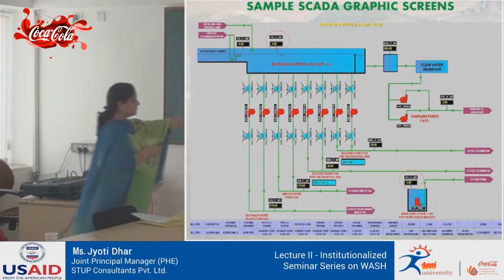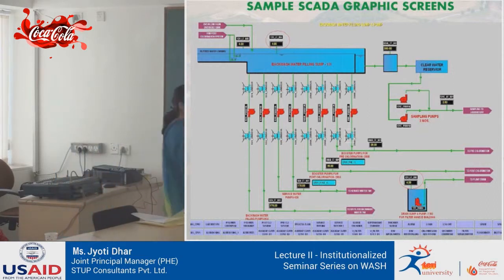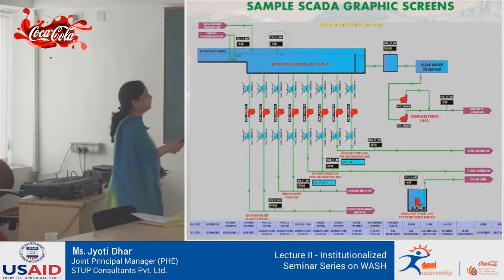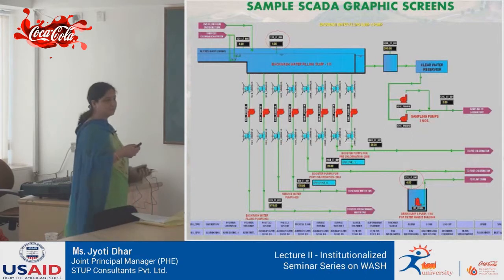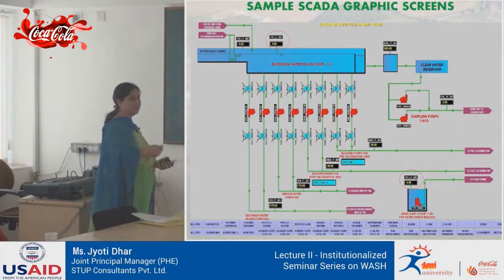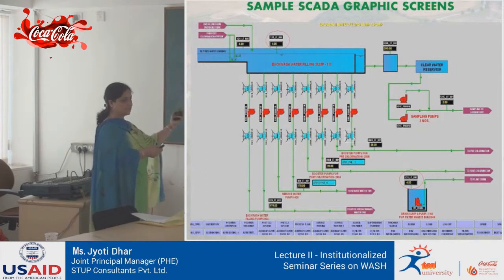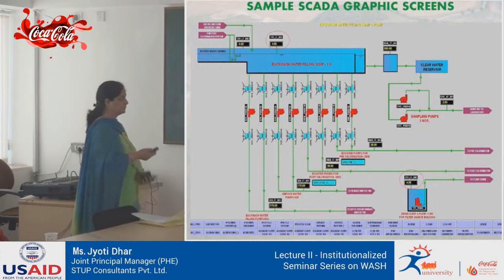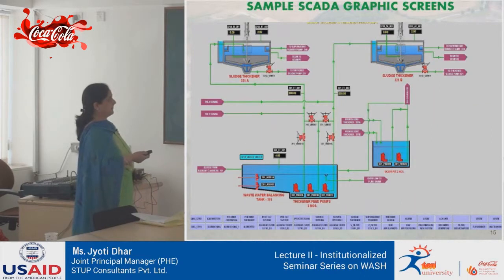All this data you can see graphically on the screens, and you get readings on the screen itself. You can even generate an alarm history, like the real-time alarm history. You can generate flow trends, like at this point of time your flow was this, at this point of time your turbidity was this. You can generate the trends in the graphic screens also.